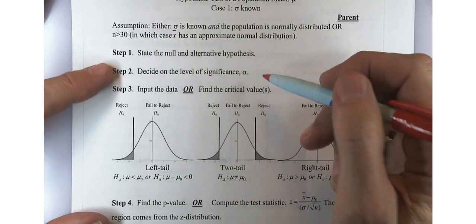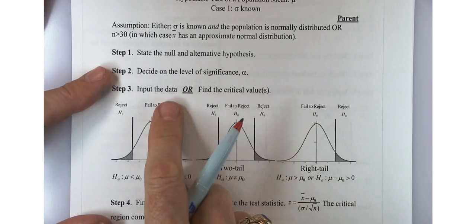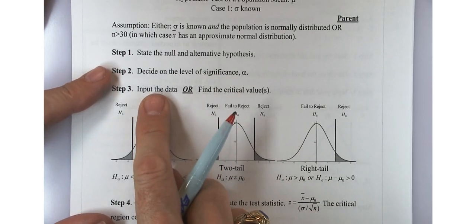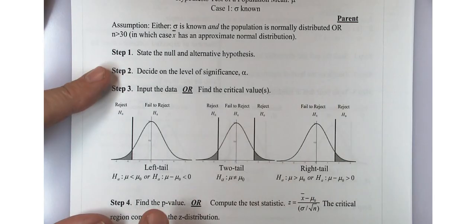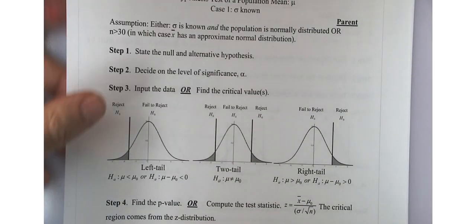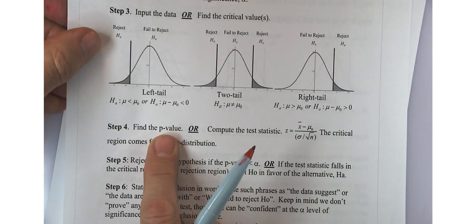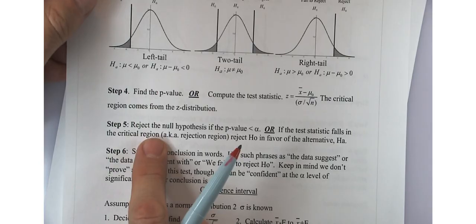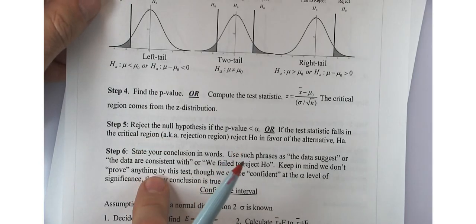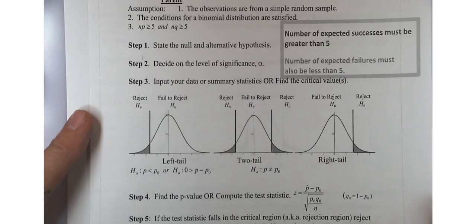You're going to start out by stating your null and alternative hypothesis, decide on the significance level, and then input the data. Now this second part, find the critical values, I've done away with that for you, and that's because we're going to use StatDisk. You're going to have to determine a p-value, decide to reject or fail to reject, and then state your conclusion in words. So let's look at how that plays out.